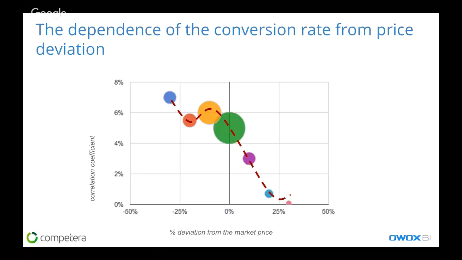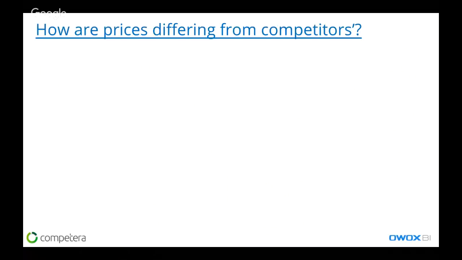Some of the categories might be less sensitive to the price. And without running these calculations and making these charts, comparing these categories with the same categories of the competitors, we cannot answer these questions.